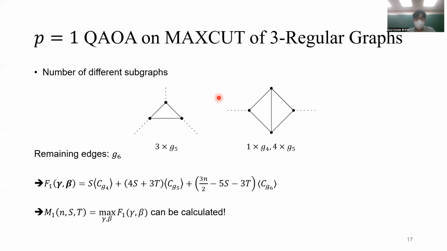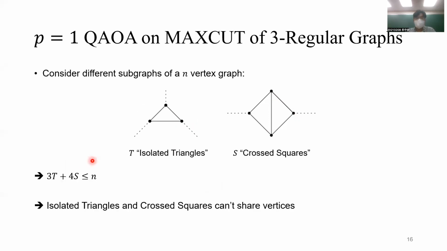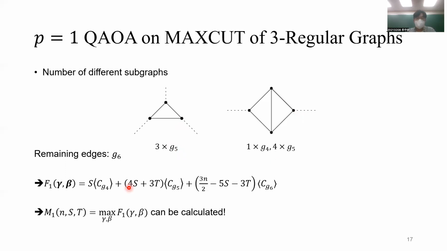So if we just go over each edge and see which type of subgraph it is, we can see that for each triangle, there are 3 G5s, and for each cross square, there is 1 G4, which is this one, and 4 G5s. So this means that if we have a graph with T isolated triangles and S cross squares, then the number of G4s is S, the number of G5s is 4S plus 3T, and then the rest should be G6.